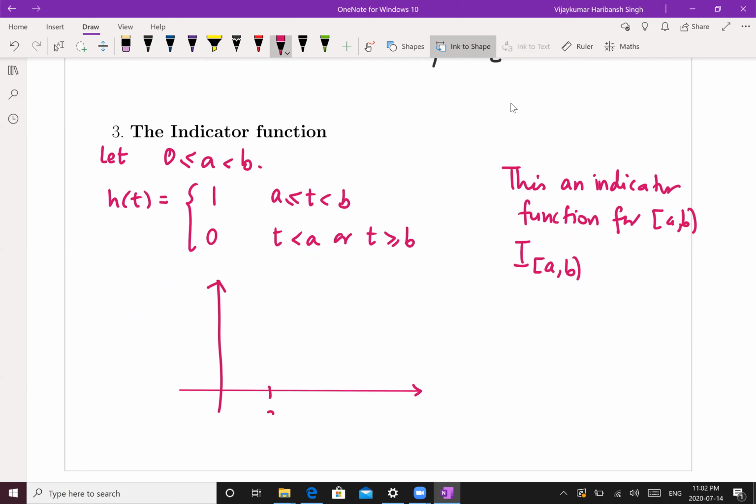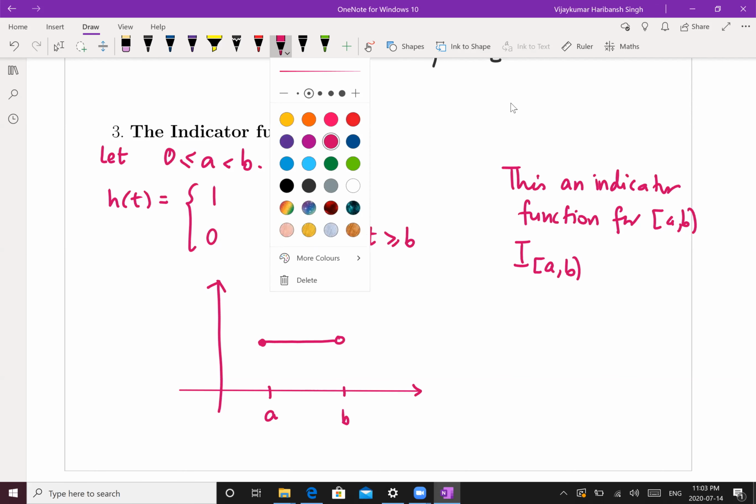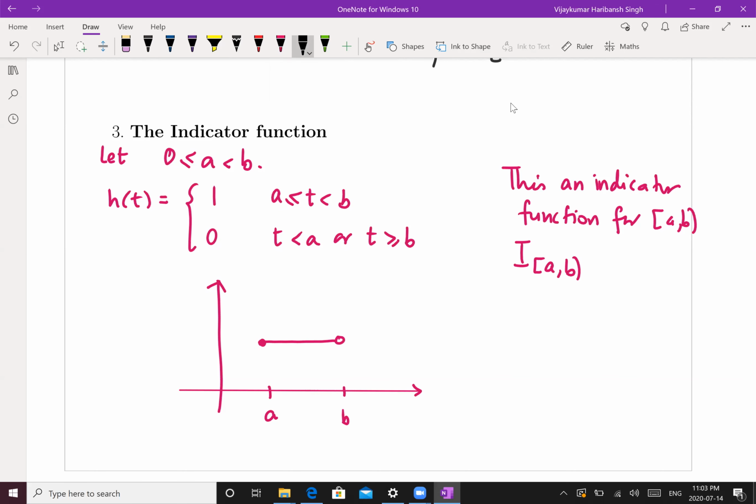You have a to b. It is the indicator for a to b: at a, closed, it's 1. At b, it's 1 with a hole, and otherwise it is 0.